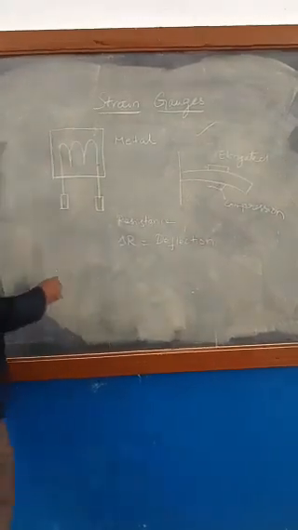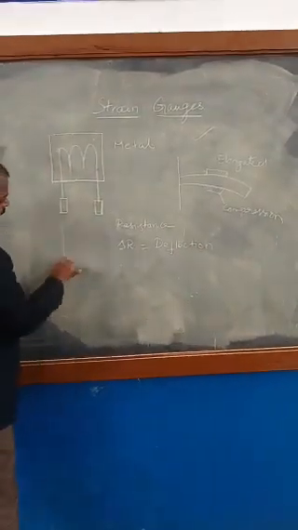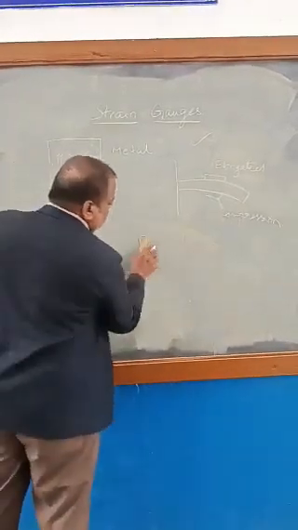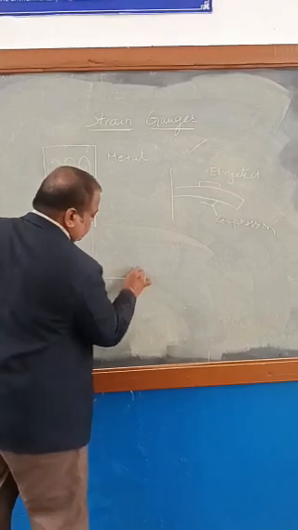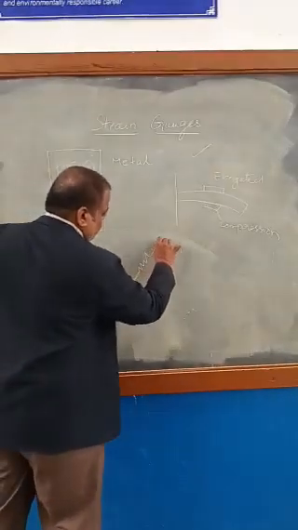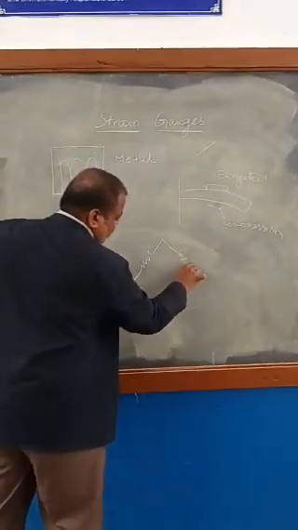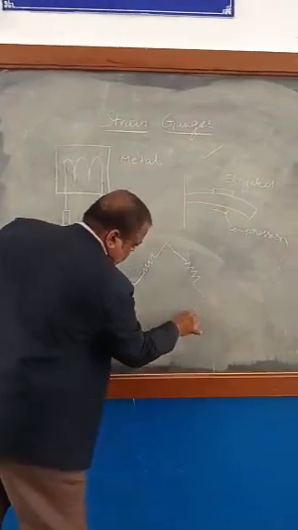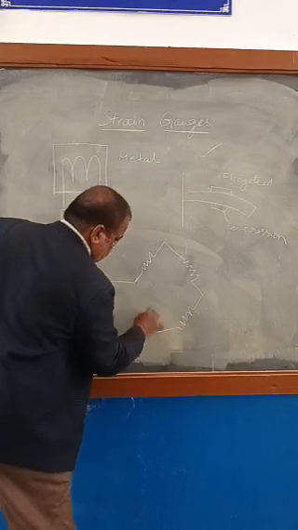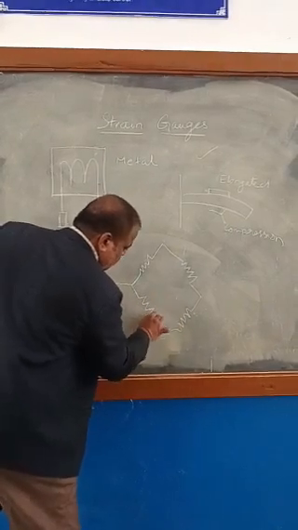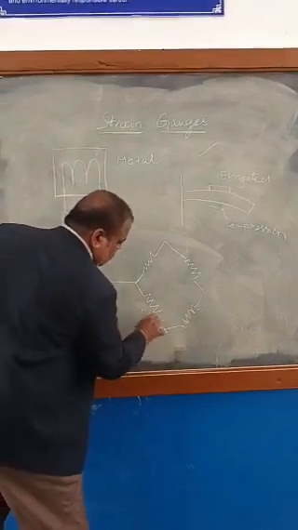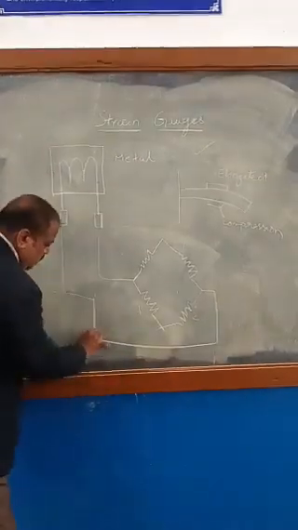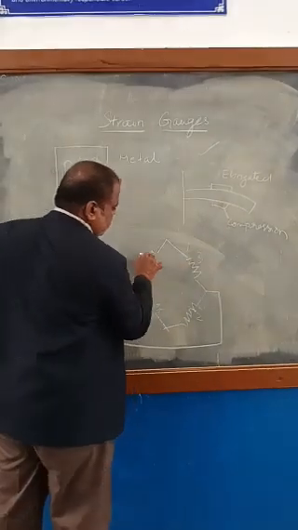Now we will see this strain gauge. These two wires are connected to the Wheatstone bridge. So this is 1, this is 2, this is 3, and this is 4.